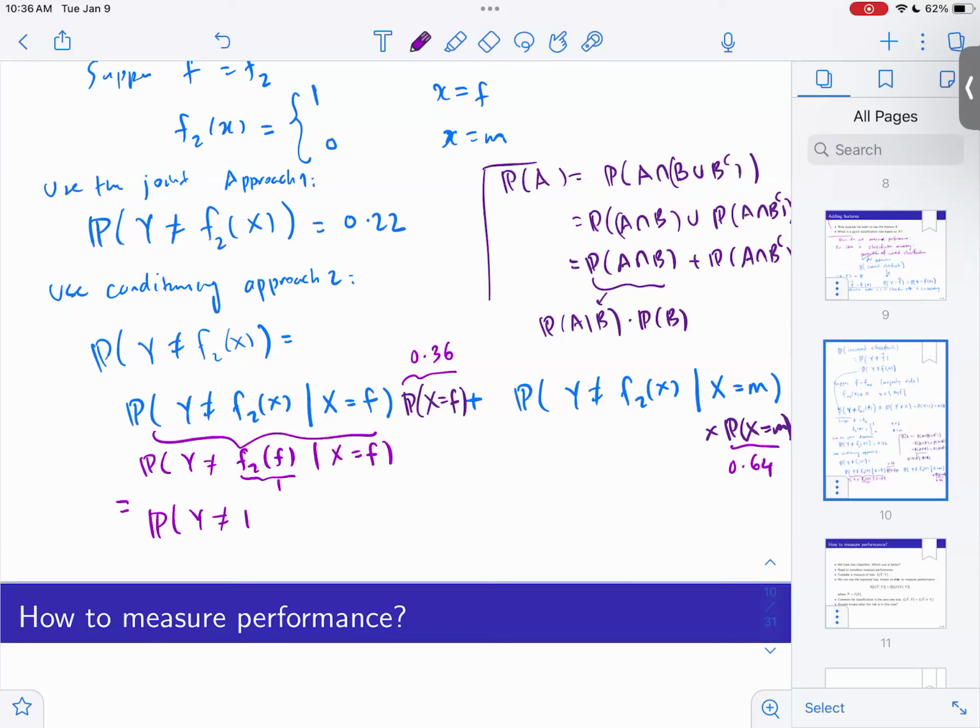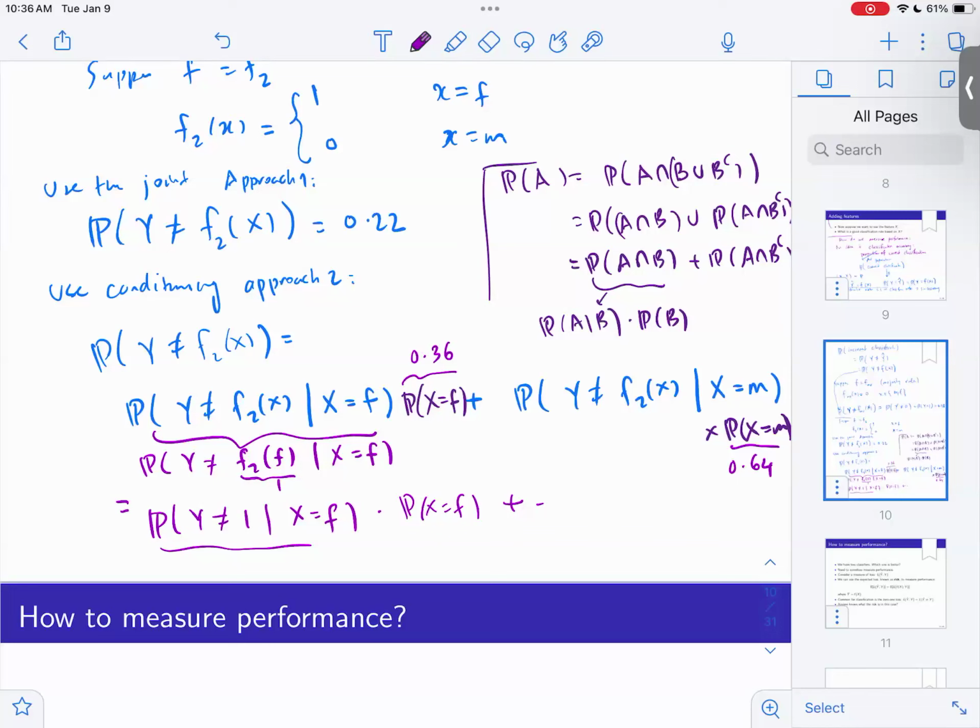So this is the probability of y not equal to the decision given x is equal to f, times the probability that x is equal to f. This is how we determined the rule, if you remember. Specifically for x is equal to f, I chose the decision such that the probability of y is equal to 1 is maximized.